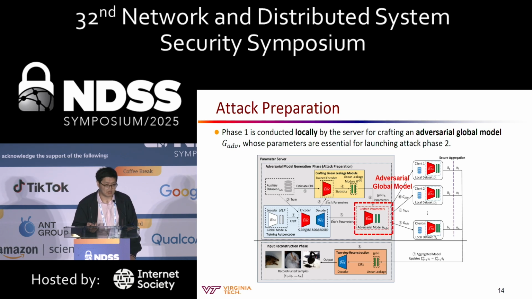The server locally crafts the adversarial global model, which consists of two important components, including an encoder and two linear layers. These adversarial global models are then disseminated to the clients. The clients will not be aware of this, they will keep going on with their local training process and send back the aggregated model updates, because we assume the secure aggregation protocol is there.